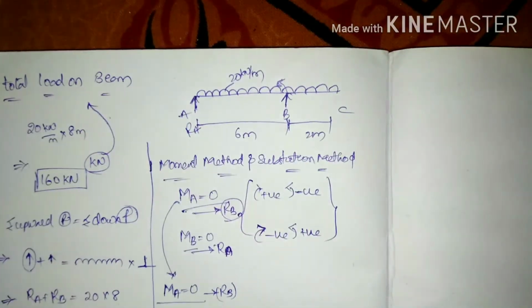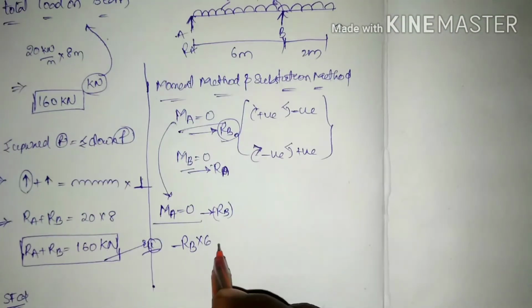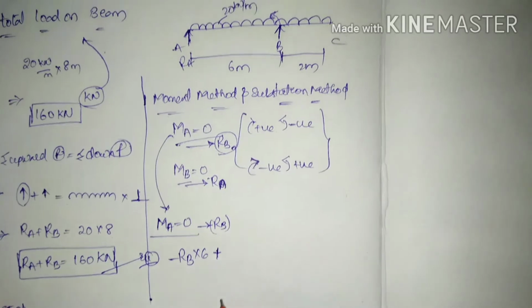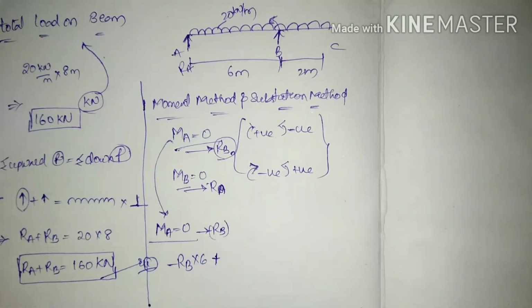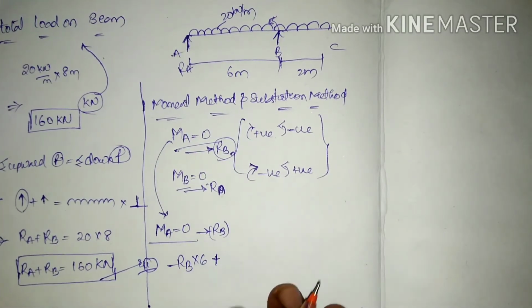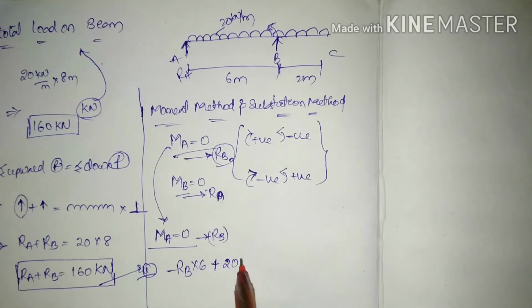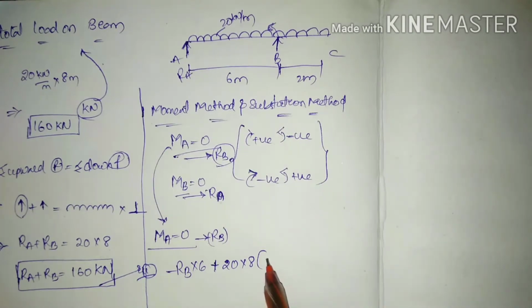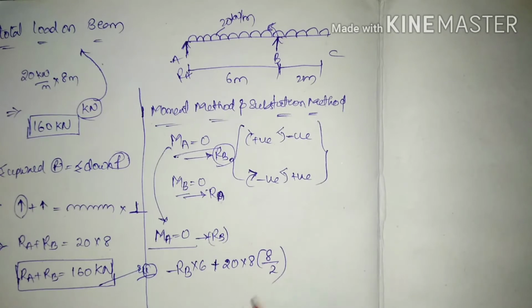So minus RB into 6, and next we have the UDL, plus, because it is acting in the downward direction, for a span of 8 meters. So 20 into 8, which is converted to a point load, taking the moments from the mid span, so 8 by 2, is equal to 0.